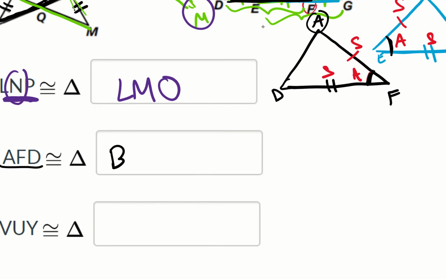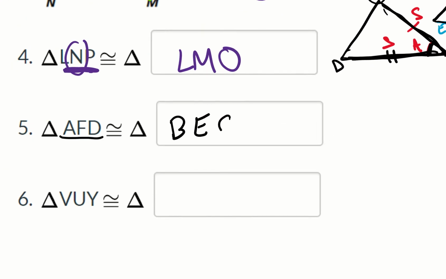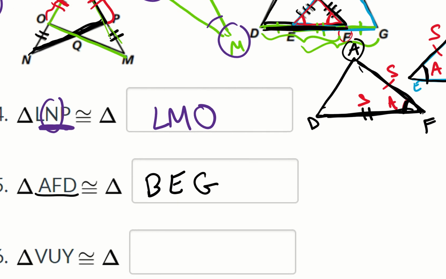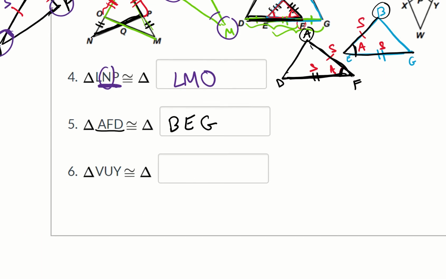Oops, I said F, I meant to say E. Because we're doing AF, it's going to be BE, and then it says FD, so that's EG, right? Going in that order. And so this is going to be BEG. All right, so the order is BEG for that example.